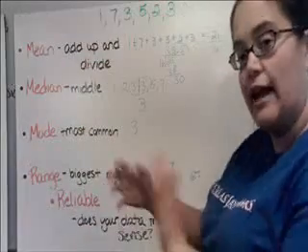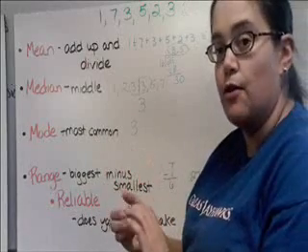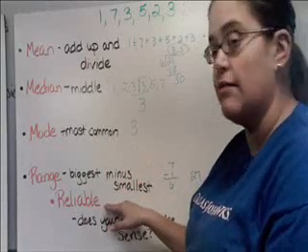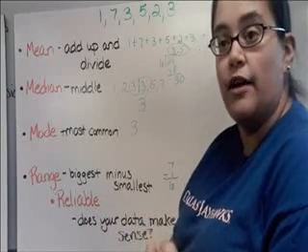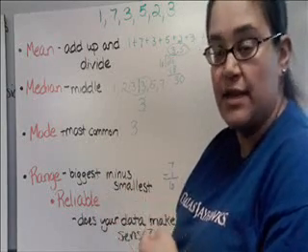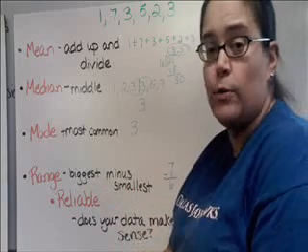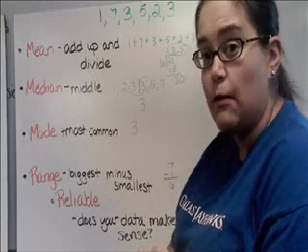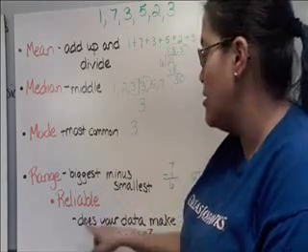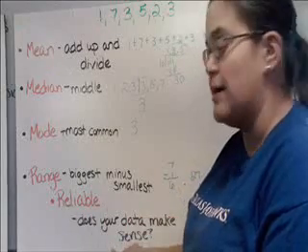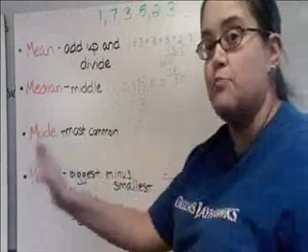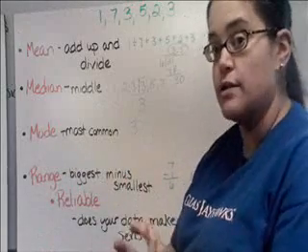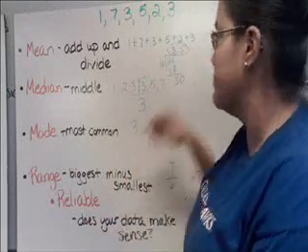And you want all of your data to kind of be in the same neighborhood, be very close. So if your data is not reliable, then you might want to go back and say, well, was there one trial or one part of my investigation that got messed up, or was there something that affected it that I didn't think about? Things like that. So reliability is basically, is your data close in numbers, or is it kind of all spread all over the place? And we want close, because that makes it more reliable.